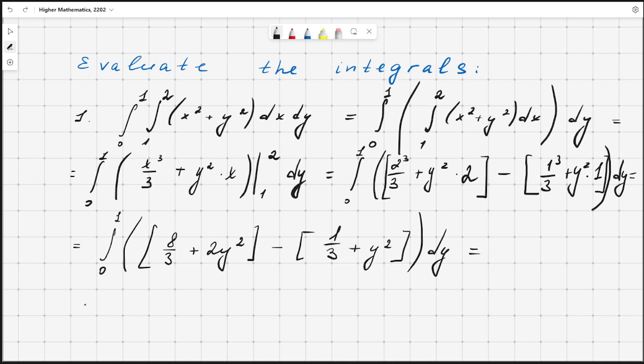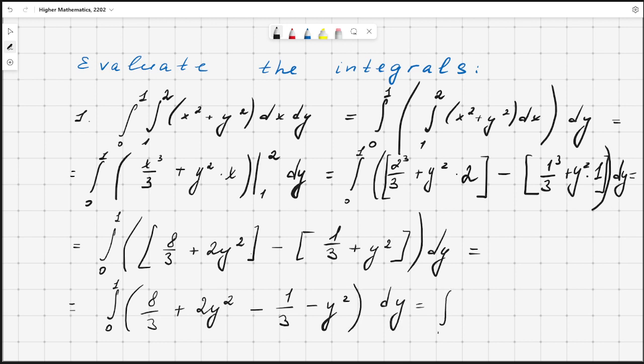We will have integral from 0 to 1 of, open this bracket, 8 over 3 plus 2y squared, then minus 1 over 3 and minus y squared dy.